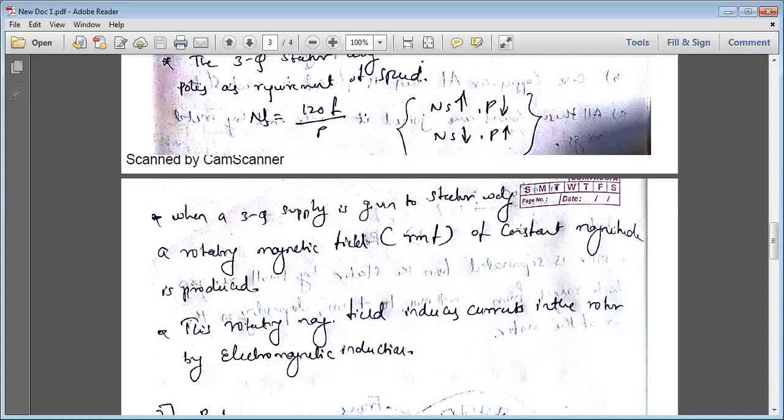This rotating magnetic field induces currents in the rotor winding by the process of electromagnetic induction. That's why the name is induction motor. We will discuss this in detail while discussing the principle of the induction motor.